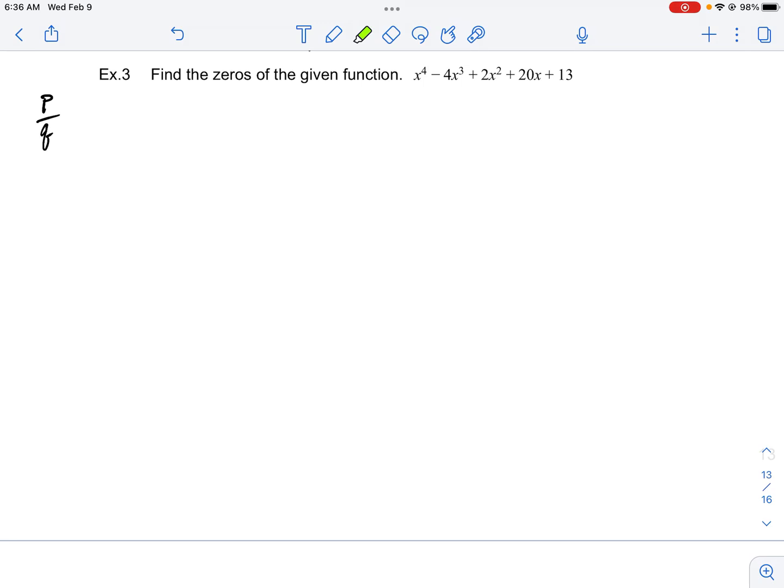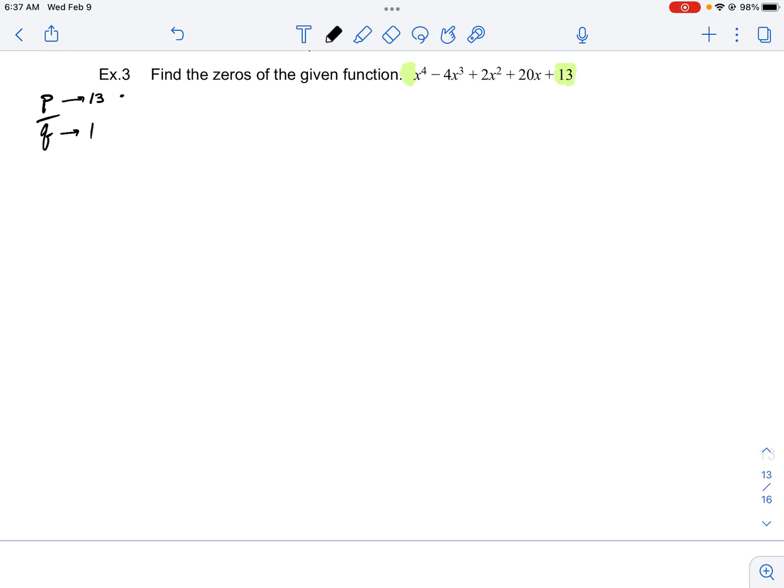In a previous example, I mentioned, hey, if our p and our q values happen to be prime, either one of them, in this case both, then that really reduces the possibilities that we're dealing with. So our p value is 13, and our q value is 1.